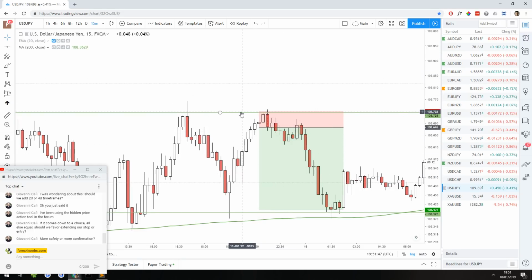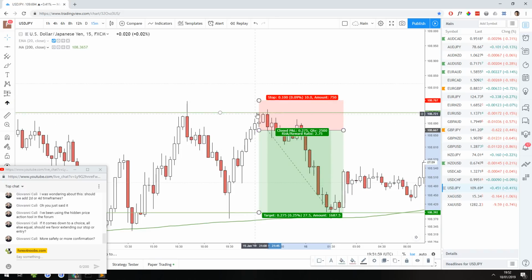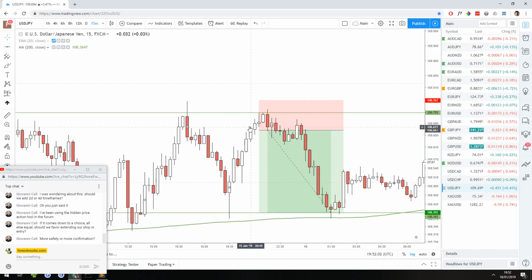You don't want to have a stop loss that tight on the 15-minute charts if you can avoid it. And in most cases, you can avoid it. In most cases, with compressions especially, you can have a pretty wide stop loss and a pretty wide entry.